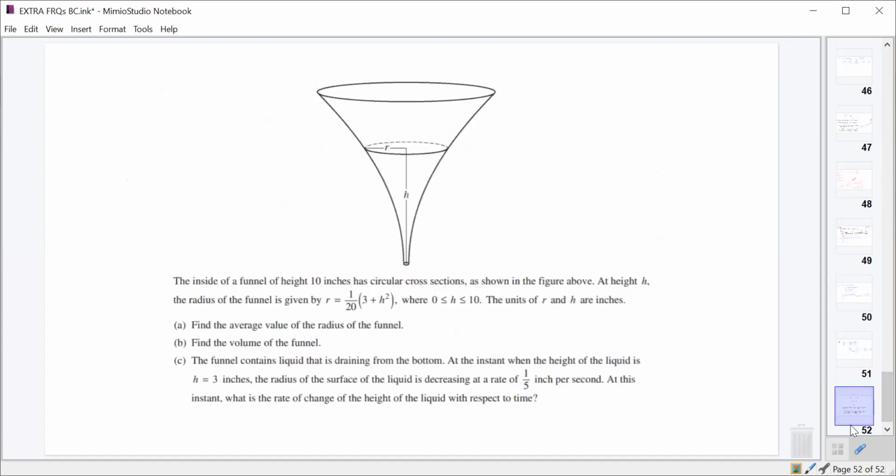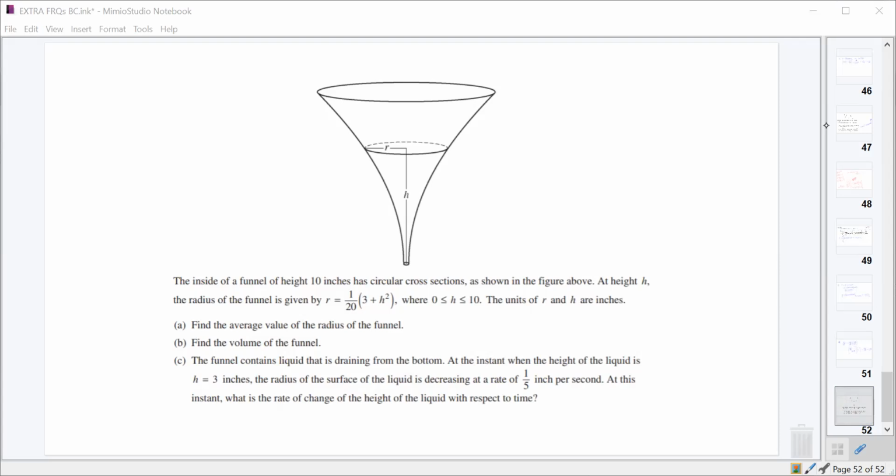I don't believe we did this one. Have we done this one in class? I don't think we did. Like a funnel and stuff. This will probably be the last one we have time for. Does that look like one we did together this quarter? Okay, cool. All right, yeah, let's do this one. It's definitely got related rate stuff. So it wasn't the one I was thinking of, but then I saw it and remembered it.